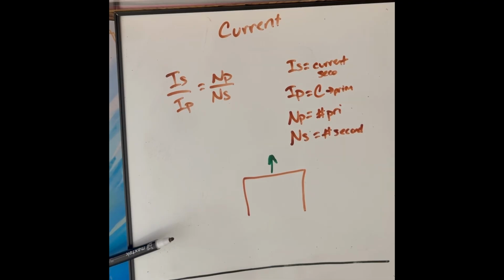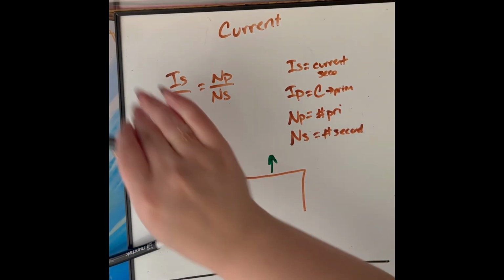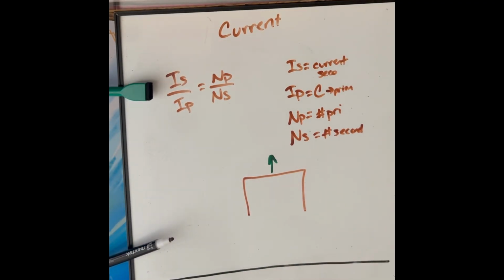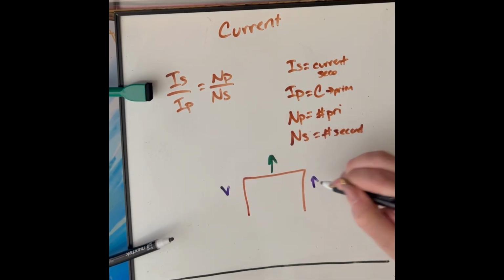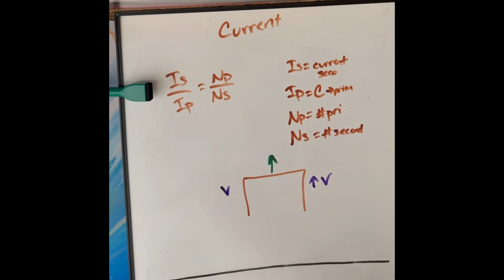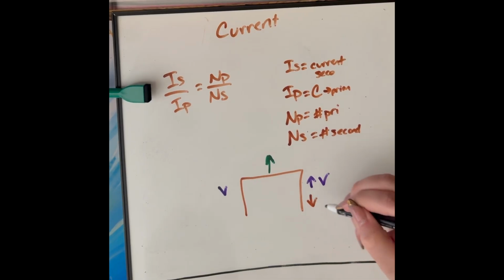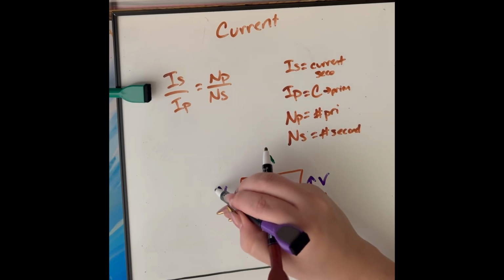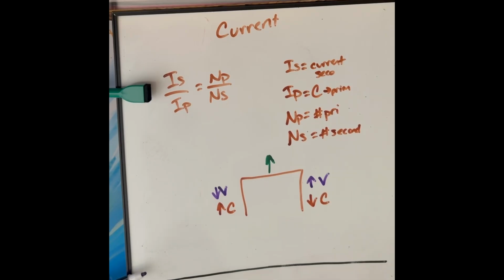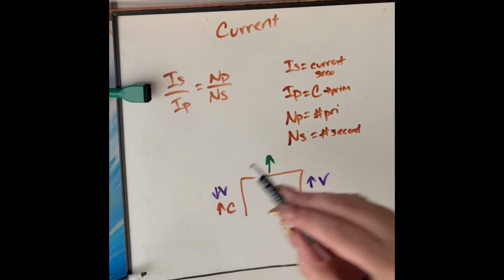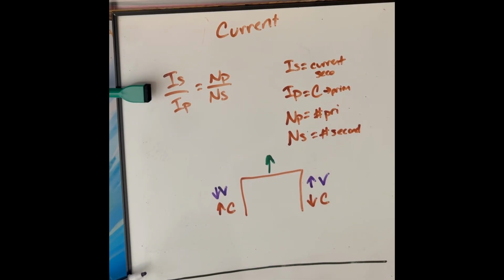The first thing that would actually change would be our voltage. So for a step up transformer, our voltage would be higher over here, and because of that, our current would have to go down. On this side, our voltage would be lower and our current would be higher. So on a step up transformer, we're increasing our voltage, but our current would go down.